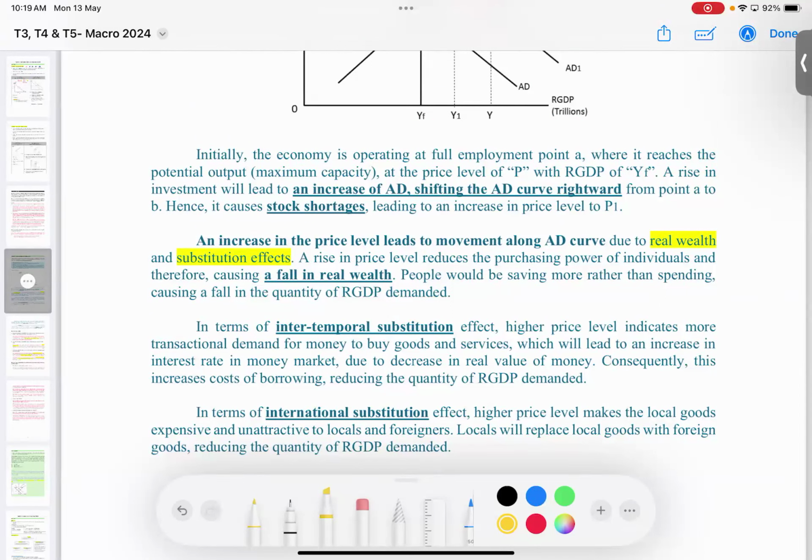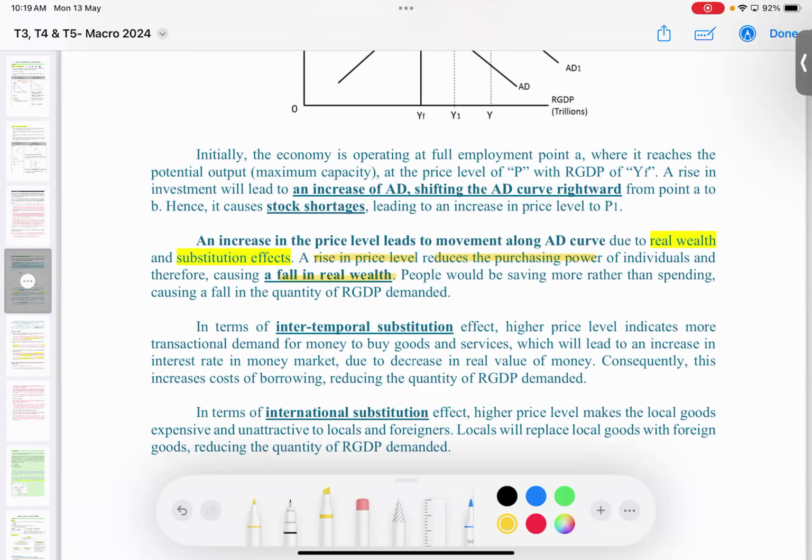With the same amount of money that you have, you are not able to buy the same amount of goods and services as compared to before. So when there's a rise in price level, it reduces the purchasing power, and therefore causes a fall in real wealth.